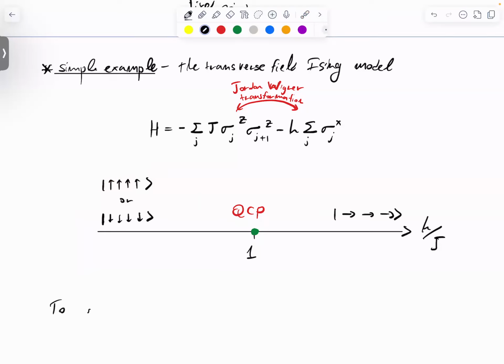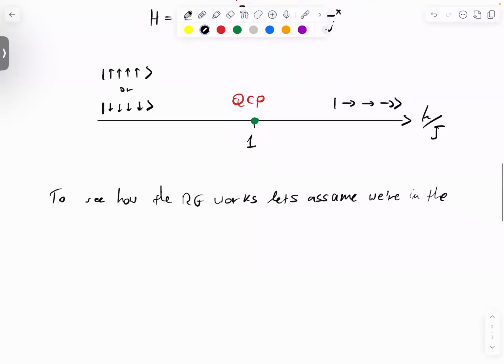So to see how the RG works, let's assume we're in the limit of J much, much greater than H.